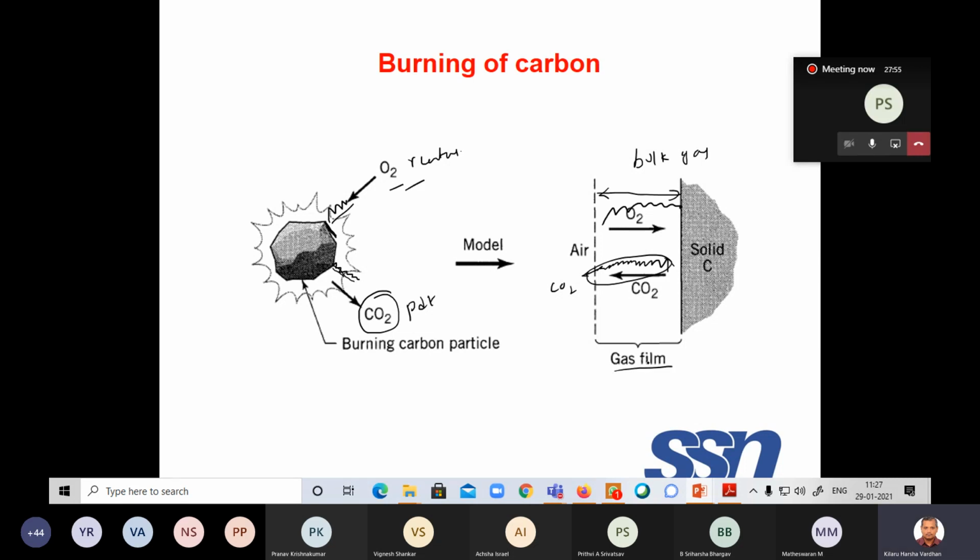That is the gas film. The resistance offered in this film is called the gas film resistance. This is the solid. Any doubt here now? I will stop here.